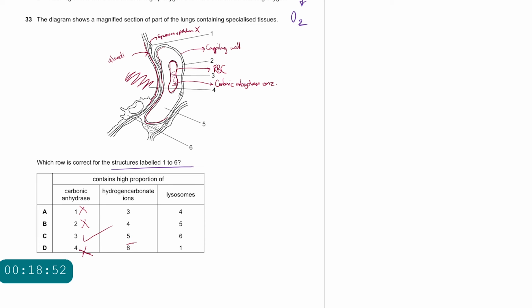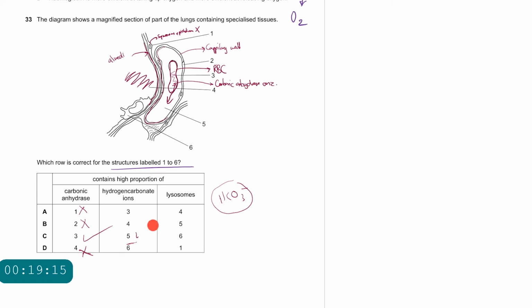5 is assuming that it has a high proportion of hydrogen carbonate ions. Once carbonic acid dissociates into hydrogen carbonate and H+ ions, the hydrogen carbonate leaves the red blood cell into the plasma, and hydrogen carbonate is found in high proportion in the plasma.